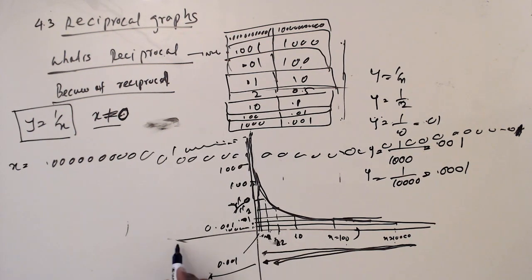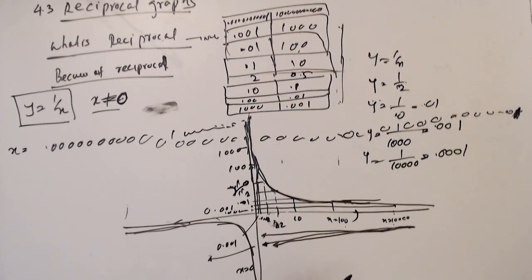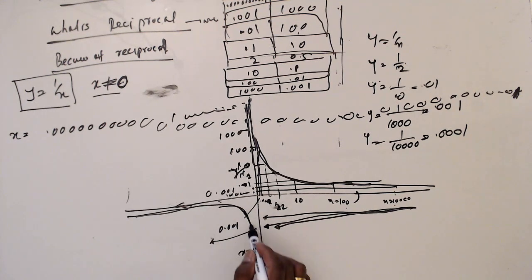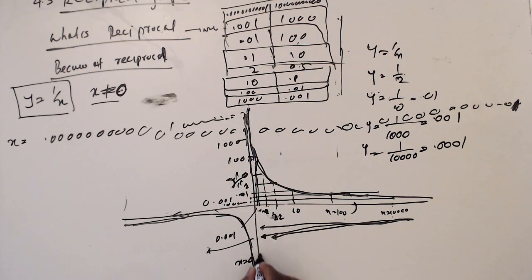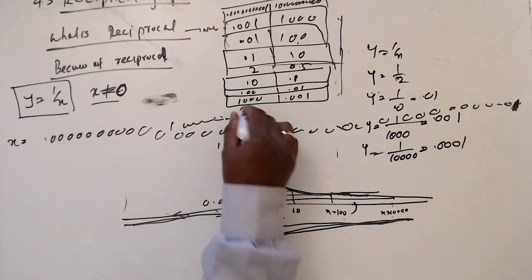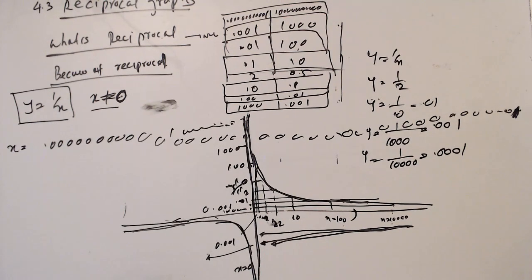I didn't draw the other part of y equals 1 over x, but it is still the same. If you go this way, you will never ever reach the x equals 0 line from this side as well. Then this x equals 0 line is an asymptote.